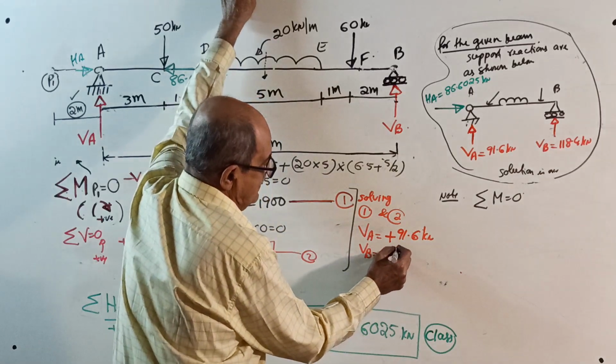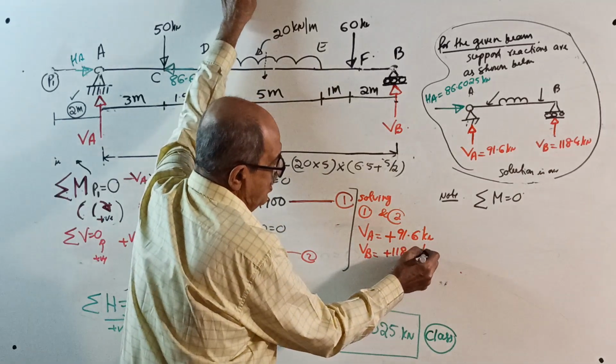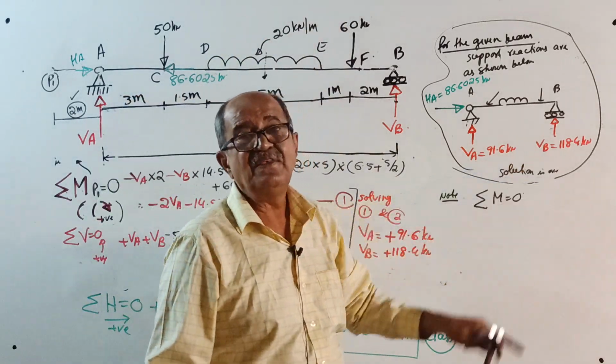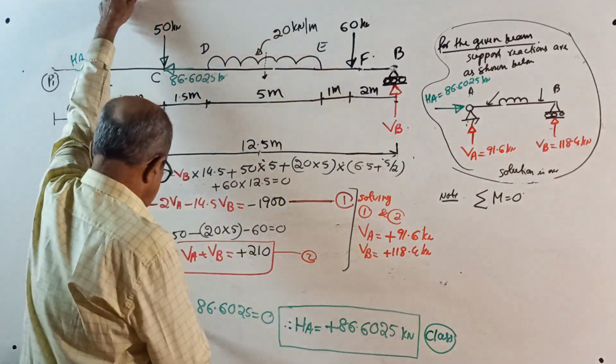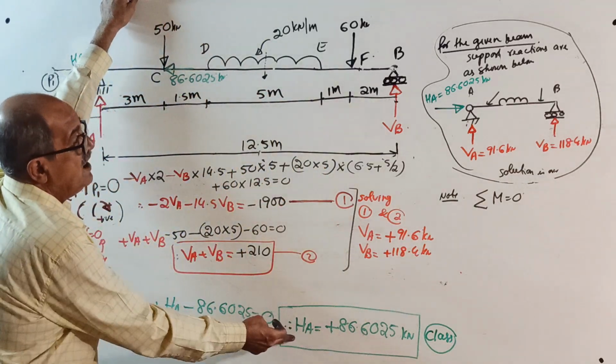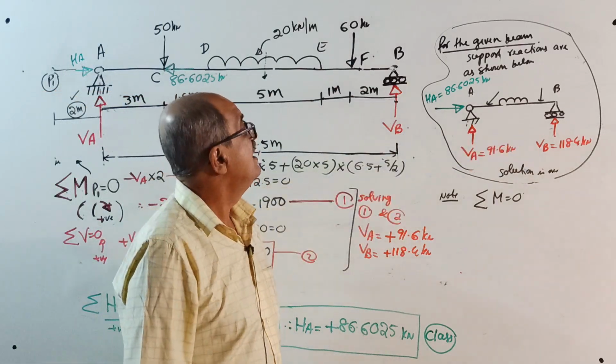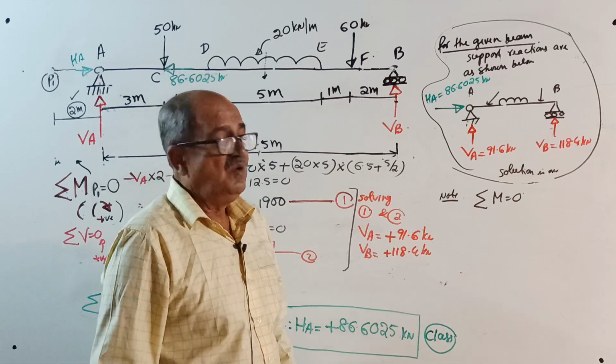VB will come plus 118.4 kilonewton. What answer we got earlier? Same. Lastly, sigma H equal to 0, you get HA. Finally, reactions are here.